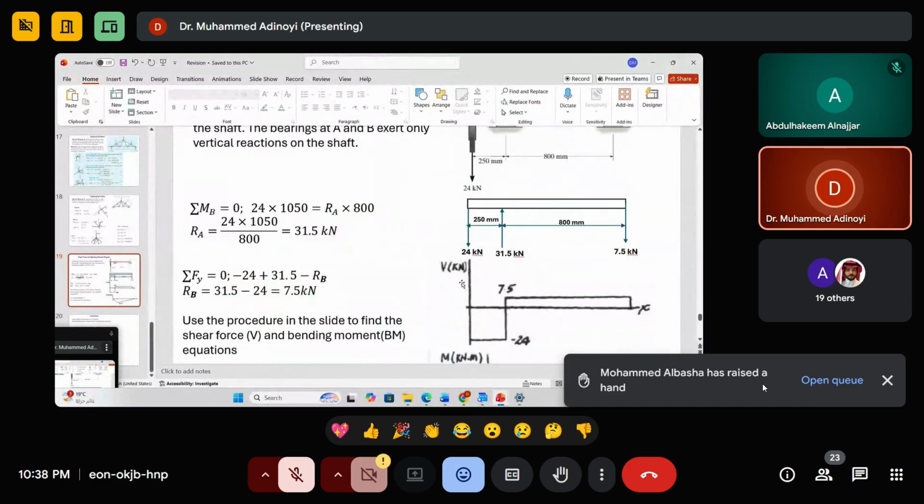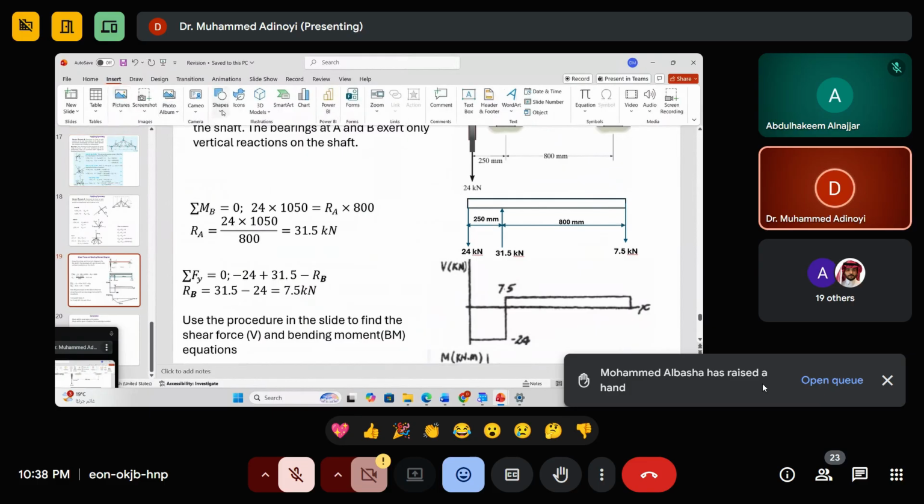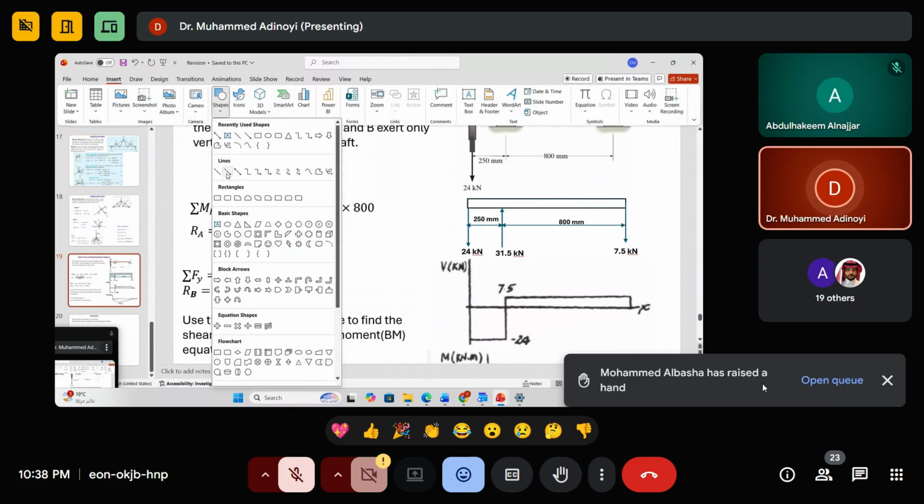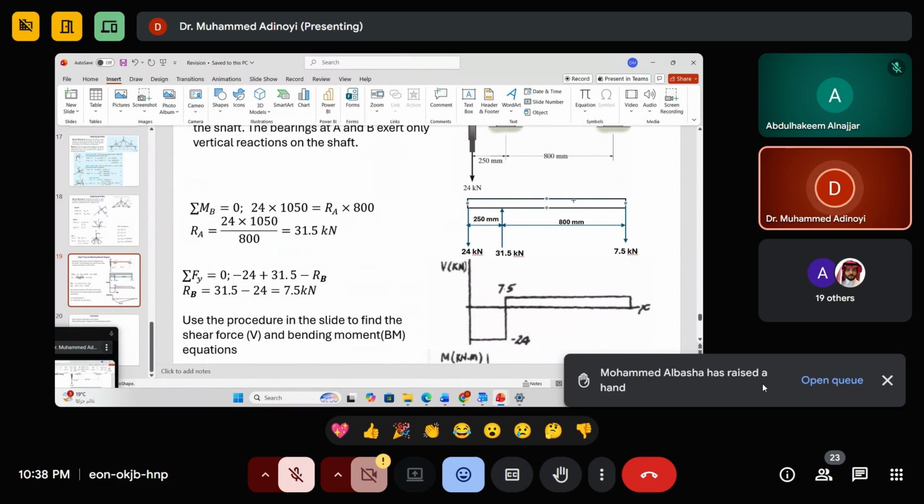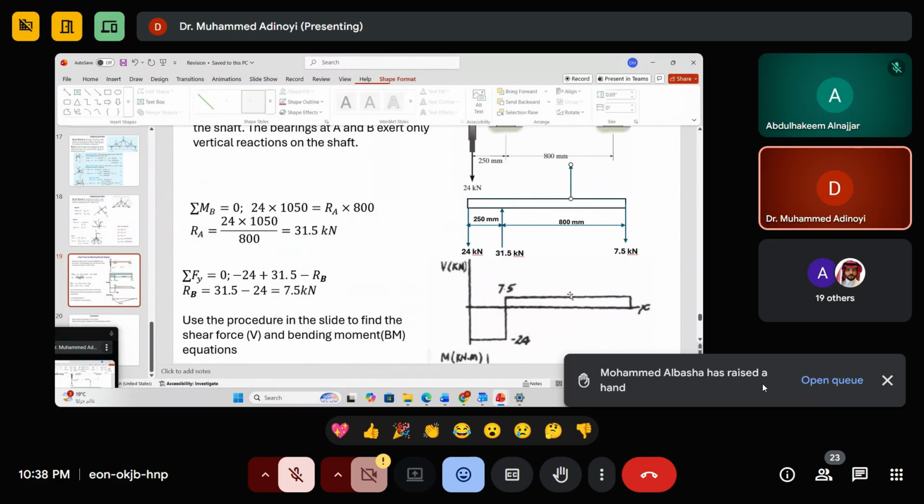But drawing directly has limits. For example, if I have another point load here, let me insert it. Assuming we have another load here, what will happen when I reach here?